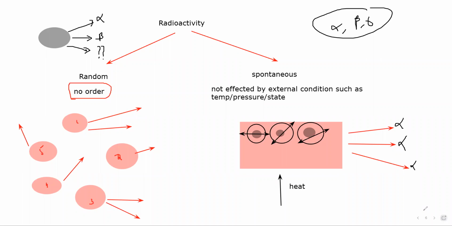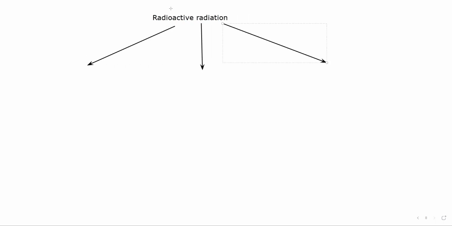Then what kind of radiation? Radioactive radiations. The three radioactive radiations are alpha, beta, and gamma.